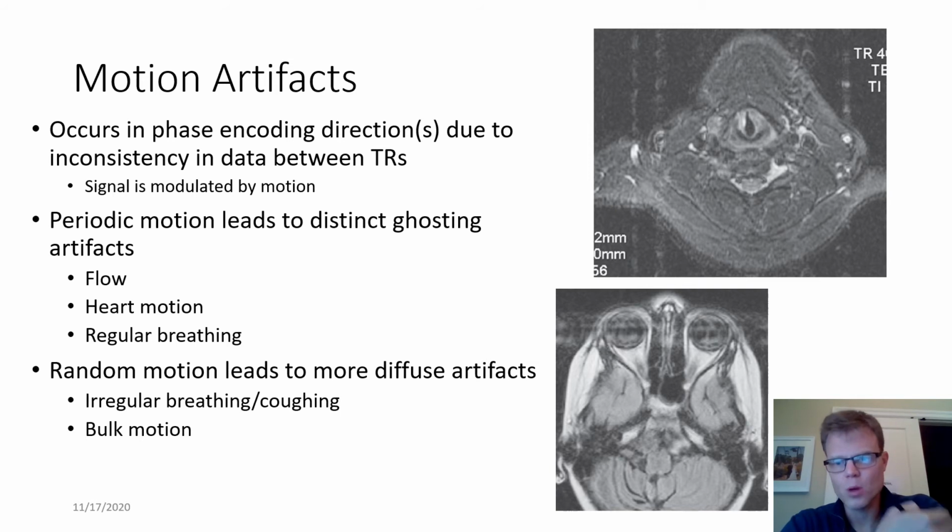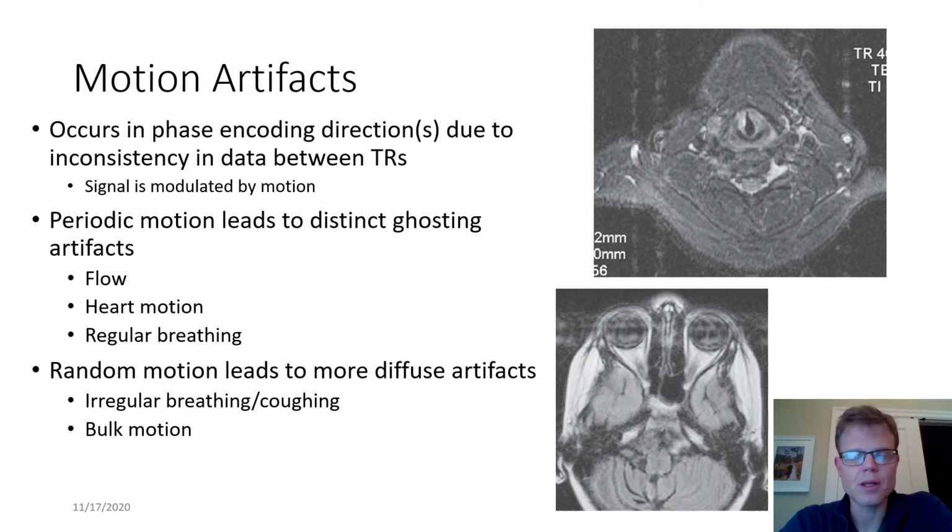Motion on the time scale of an individual readout time, like tens of milliseconds, is generally quite small, but the time interval at which there's a much greater problem for motion is our TR interval, so tens, hundreds of milliseconds, seconds of time.